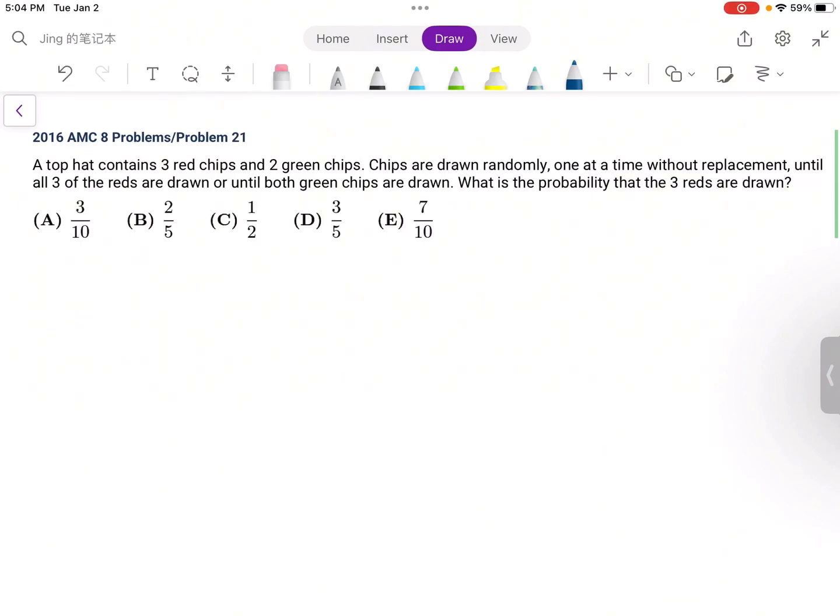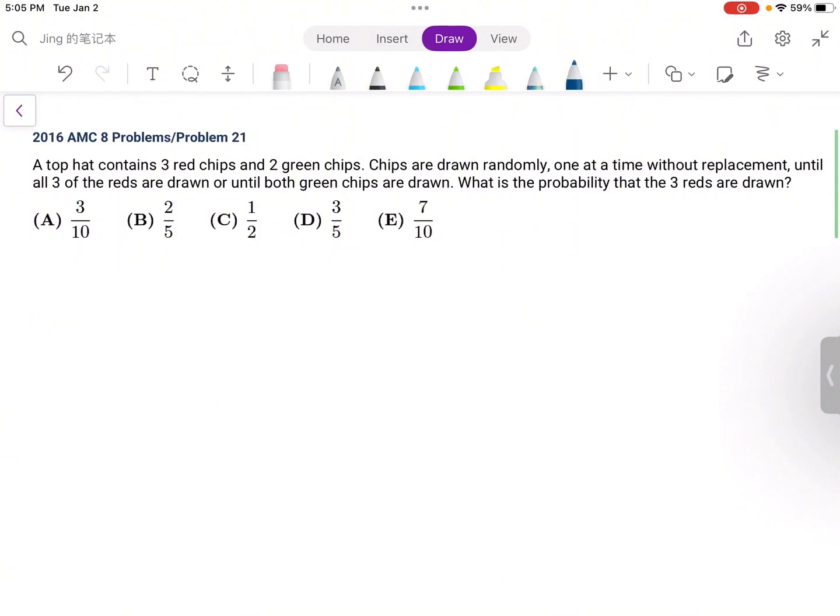So 1 green chip has to be left at last in order to calculate the probability that the 3 reds are drawn. That means the probability of the 1 green chip being left at last is the same as the probability that the 3 reds are drawn.